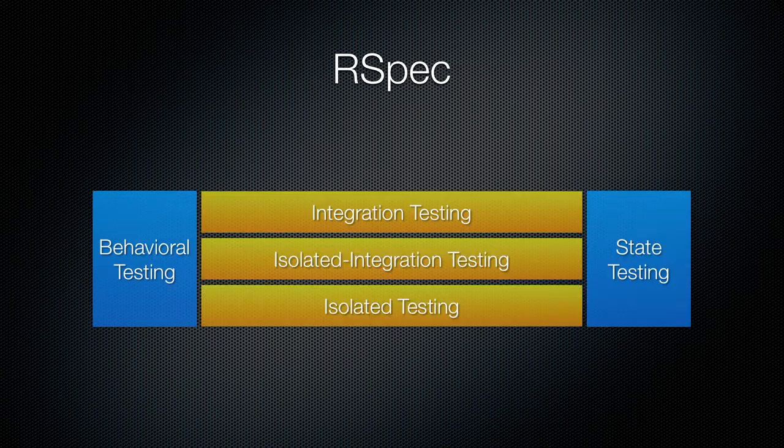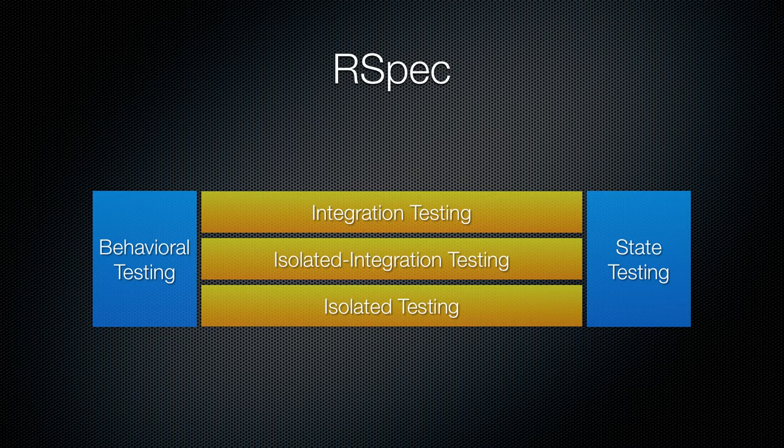The second tool is RSpec. Now, RSpec covers all of the rest of the layers in the testing stack. It covers the integration testing, isolated integration testing, and isolated testing. And it can be used to do behavioral testing, as is recommended and is the required process for doing BDD.